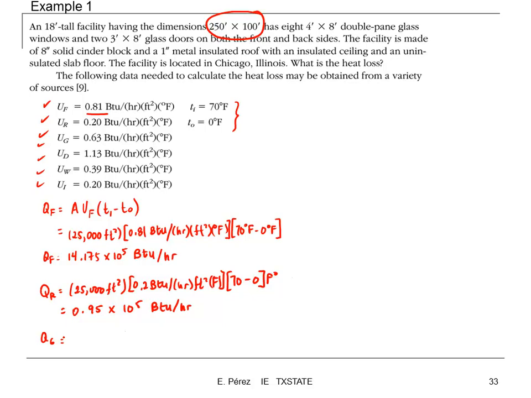So let's see how many windows we have. We have 8. 4 times 8 double plane windows, and that's it.